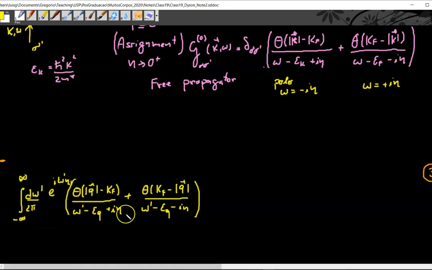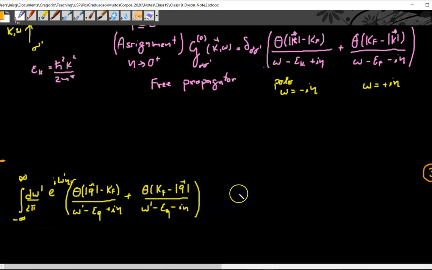But we're taking the limit of both to 0. So let's see what we can do here. As I mentioned, I have these expressions with poles, in this case slightly below the real axis, and this slightly above the real axis. So one thing that we can do to evaluate this integral is to evaluate it in the complex plane.